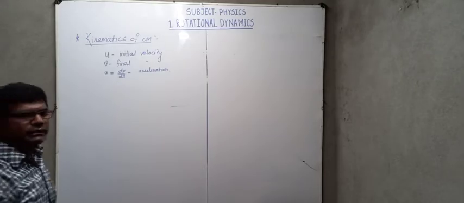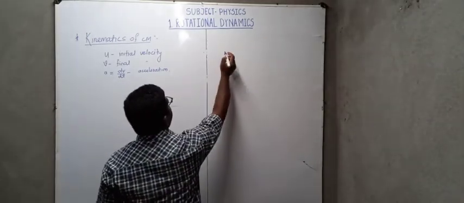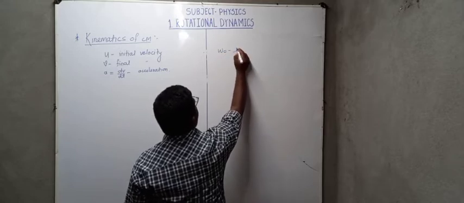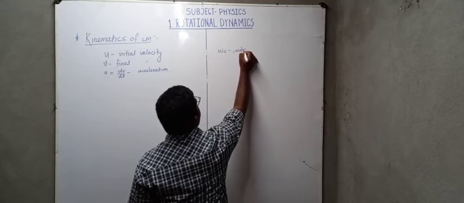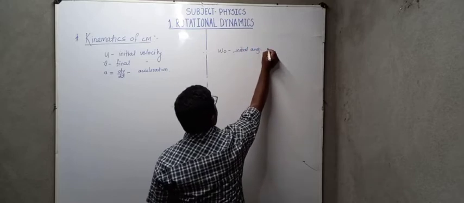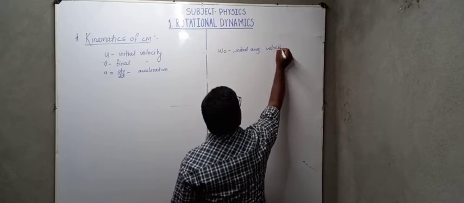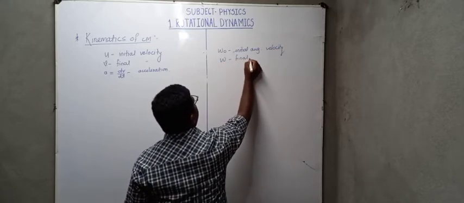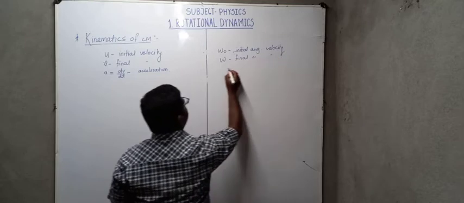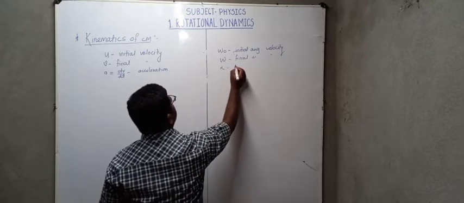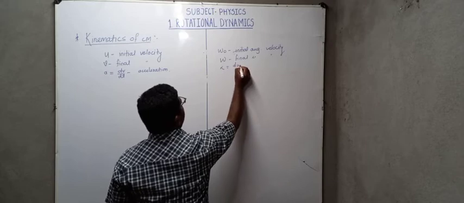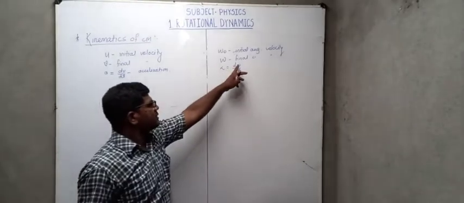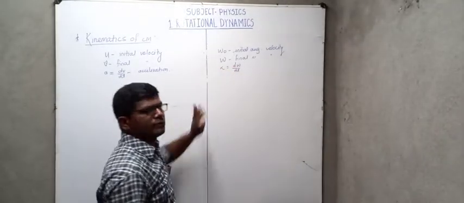While describing angular motion, we use omega 0 for initial angular velocity, omega for final angular velocity, and alpha is equal to d omega by dt, that is the rate of change of angular velocity with respect to time, called angular acceleration.